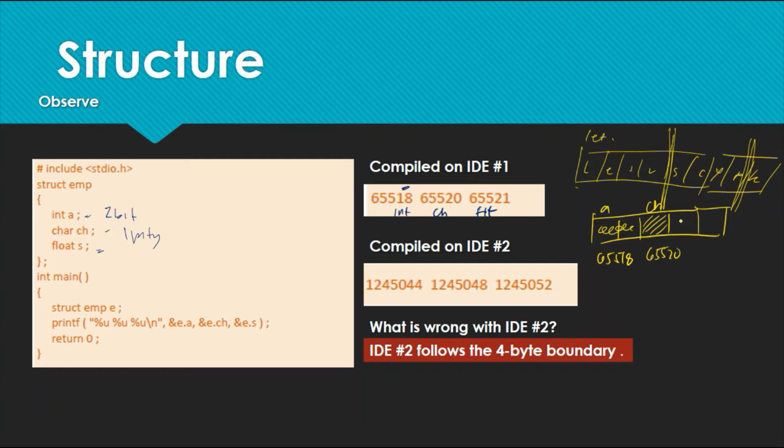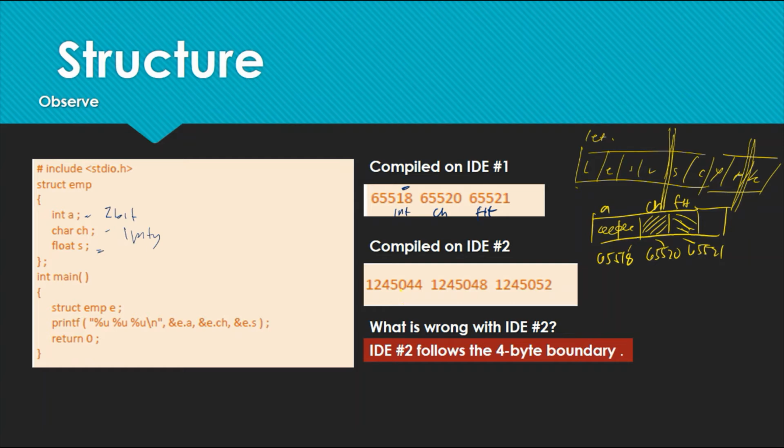Directly next to it is the float, at 65521. So this is the ideal, a good cluster in the structure. They are right beside each other, assuming our integer is 2 bits.